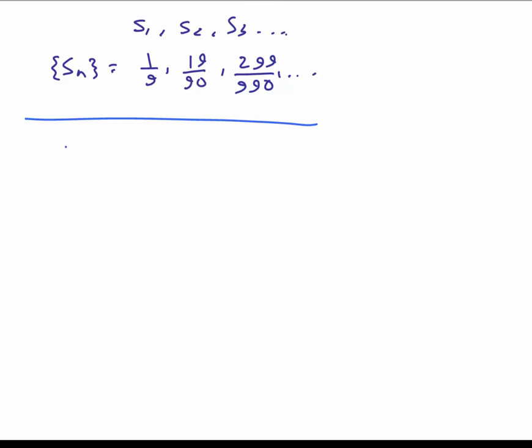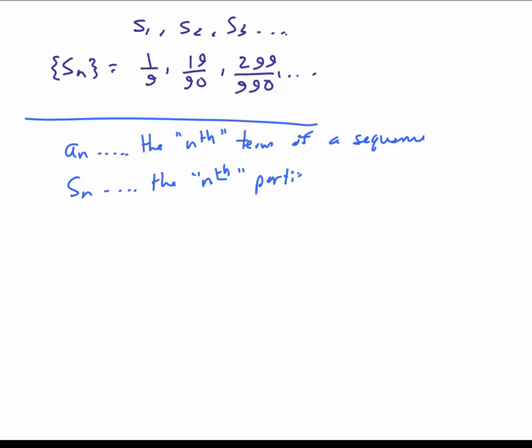So a couple of things I want you to watch out for. a sub n just represents a term. I guess we could be more specific. The nth term of a sequence. S sub n represents the nth partial sum, which means I had to add things to get there.